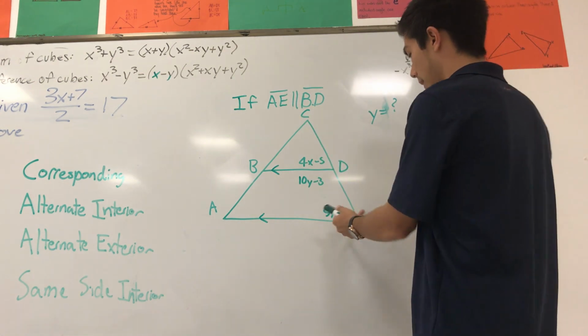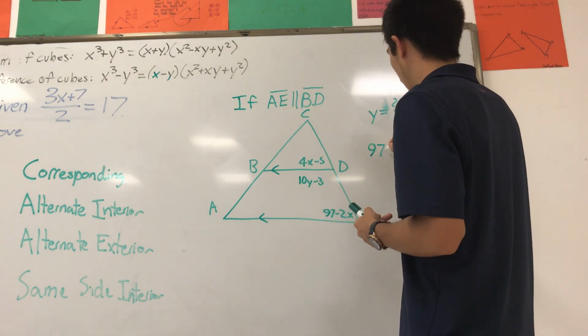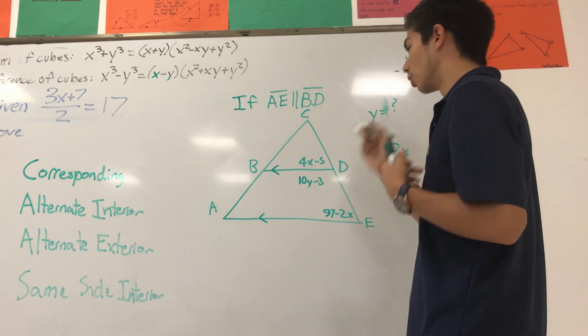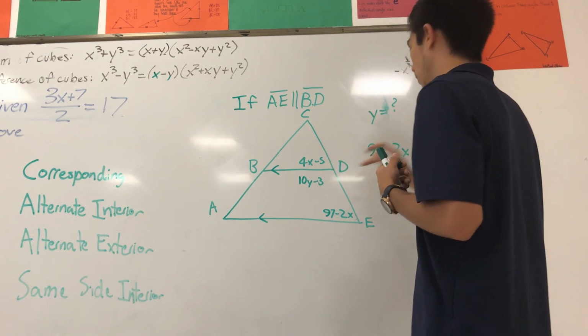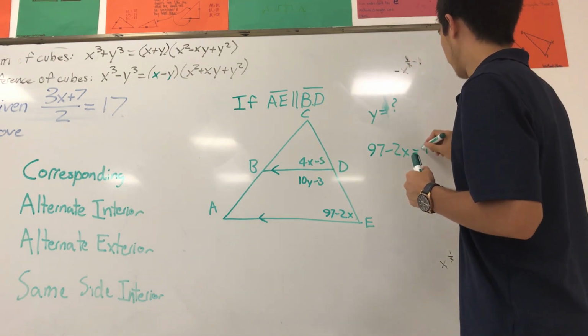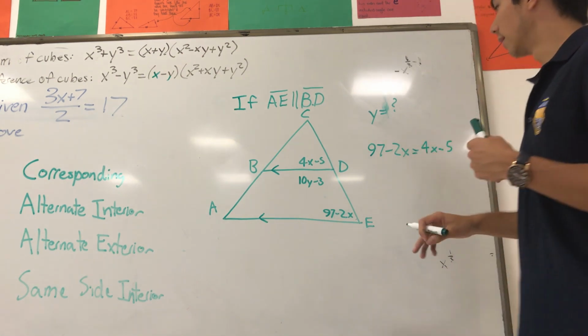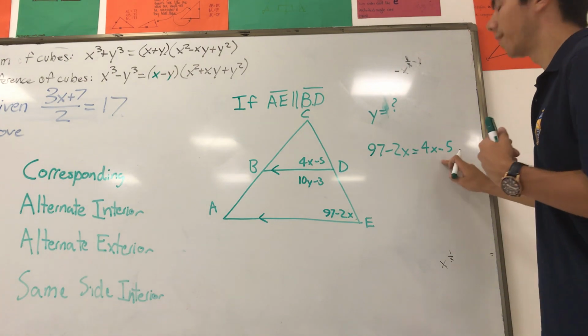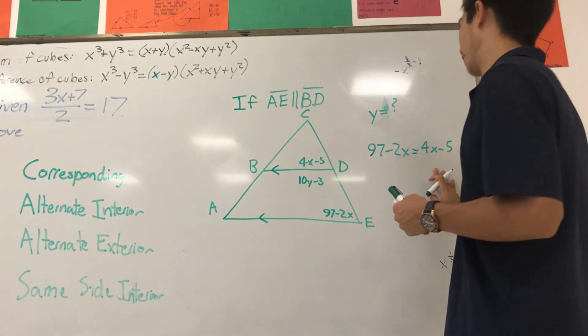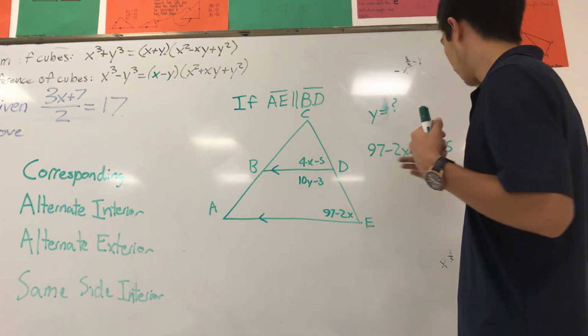So I'm going to say that 97 minus 2x is equal to 4x minus 5. Now I have one equation and one variable, which means I can solve by getting x by itself.